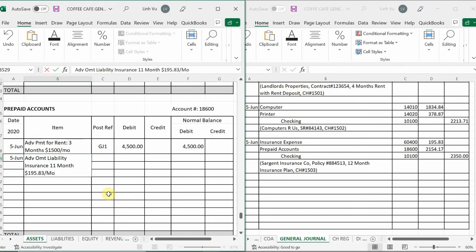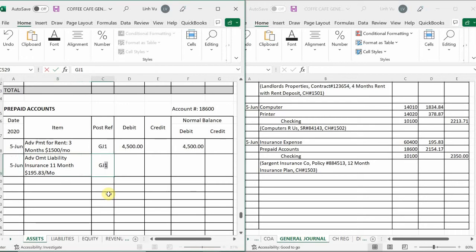General Journal page 1. We're still on page 1 here. For a grand total of $2,154.17. So in this case, I'm adding to my prepaid accounts.